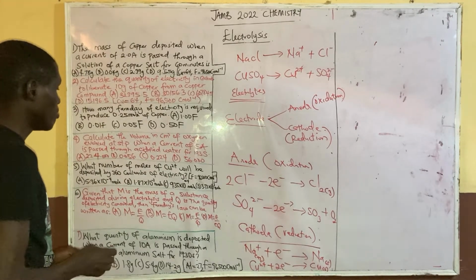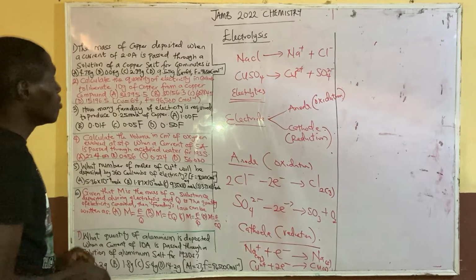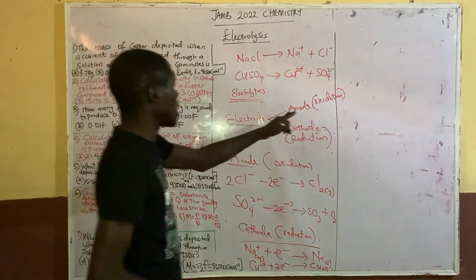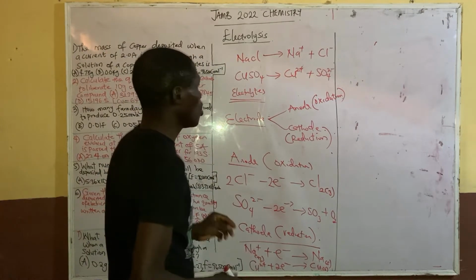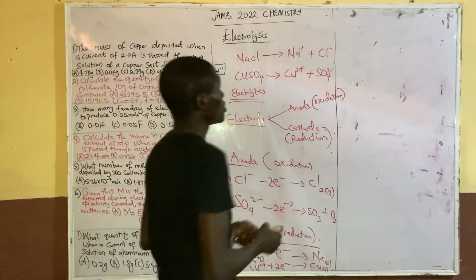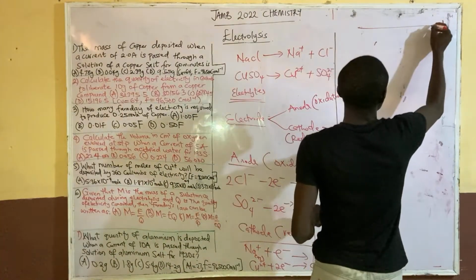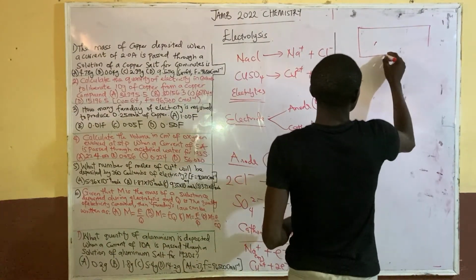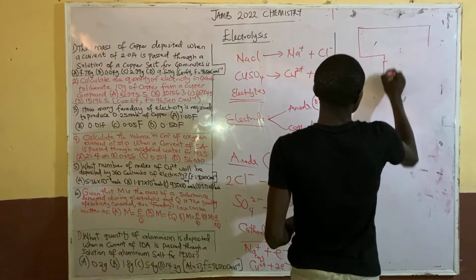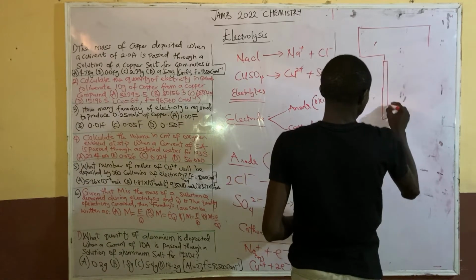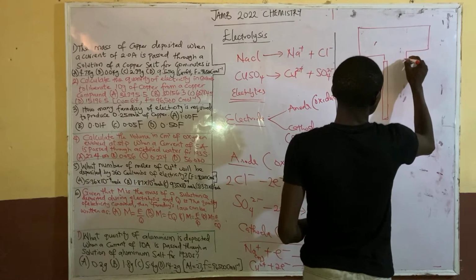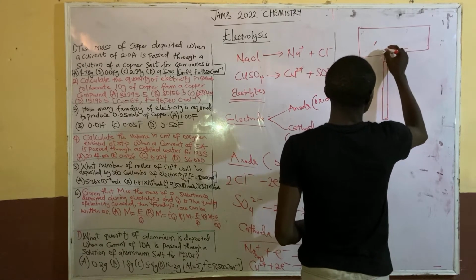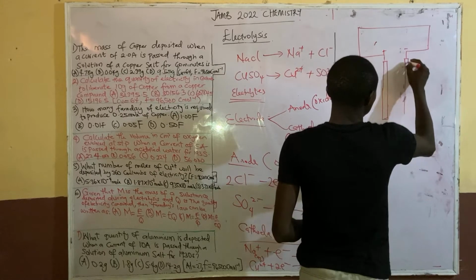So now, we have the electrodes, which are the anode and the cathode. We have that and that. So these are the major parts. This is just a sketch of an electrolysis taking place. We have things suspended here, negative, positive, something like that.